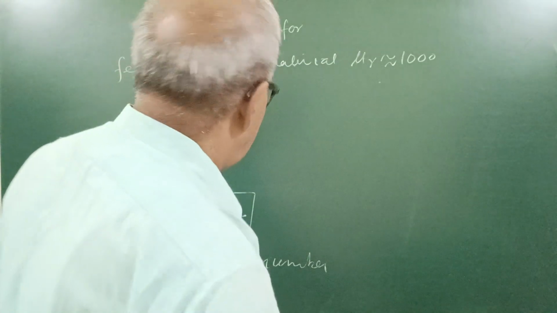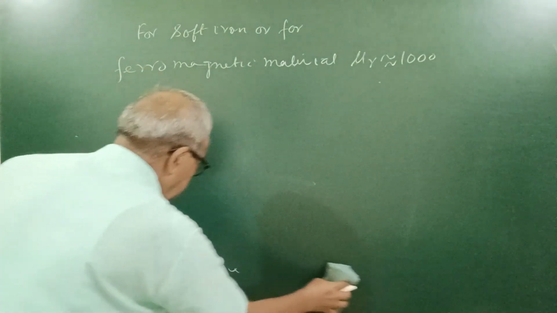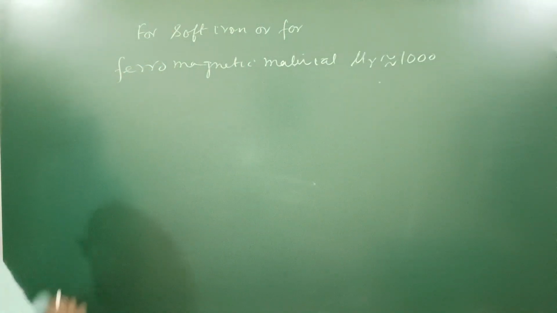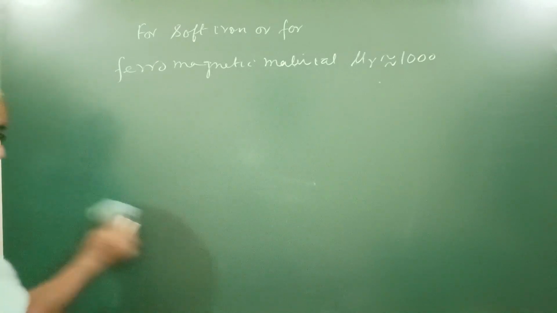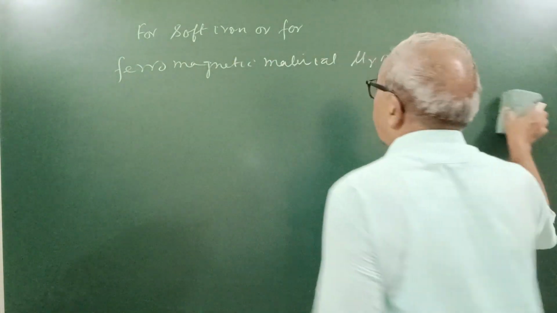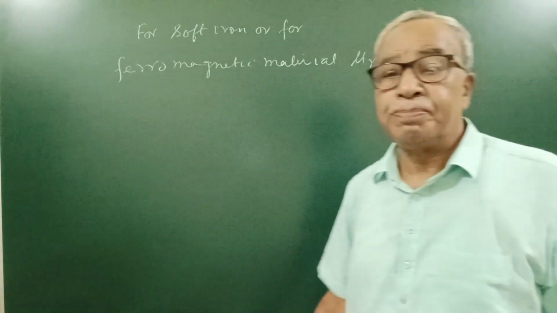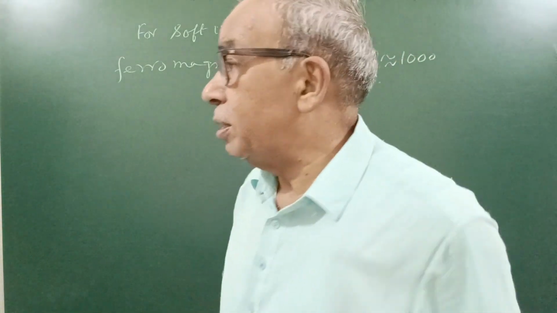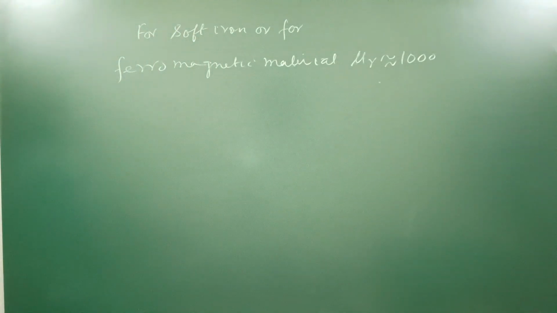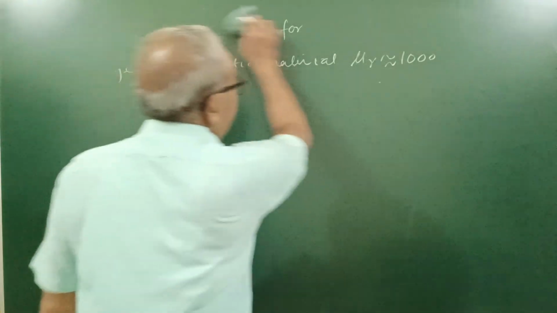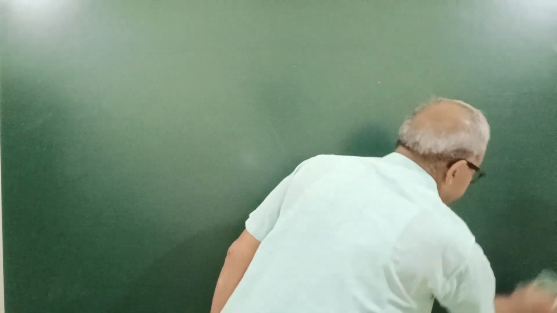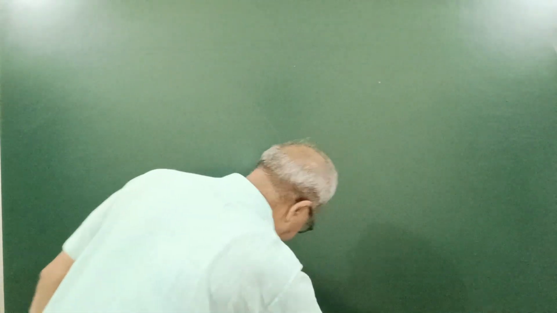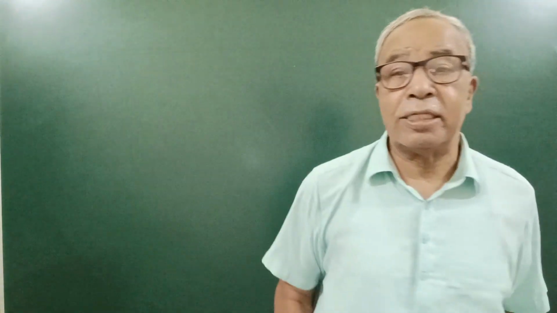So mu r is actually like the dielectric constant. Actually, the dielectric constant decreases the field while permeability increases the magnetic field. They are the reverse of each other, but they are equivalent to each other in electric and magnetic fields. This is a very important term, mu r. I will tell you more while teaching about artificial magnets.